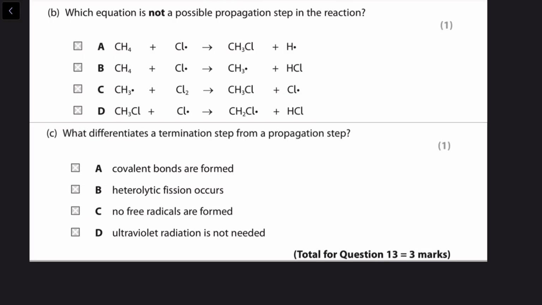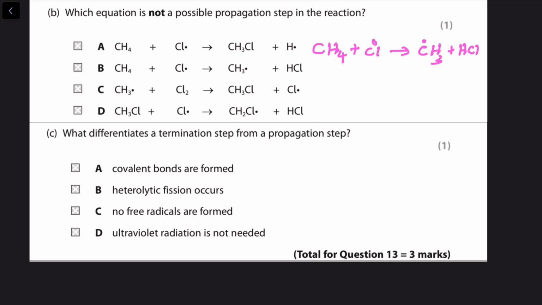Question B. Which equation is not a possible propagation step in the reaction? Remember, in propagation, a free radical reacts with a molecule and forms another free radical and a new molecule. So there are 2 propagation steps here. CH4 reacts with a chlorine radical to form a CH3 radical and an HCl molecule.